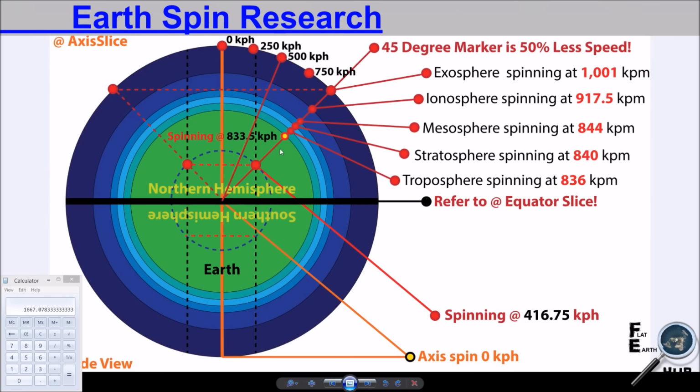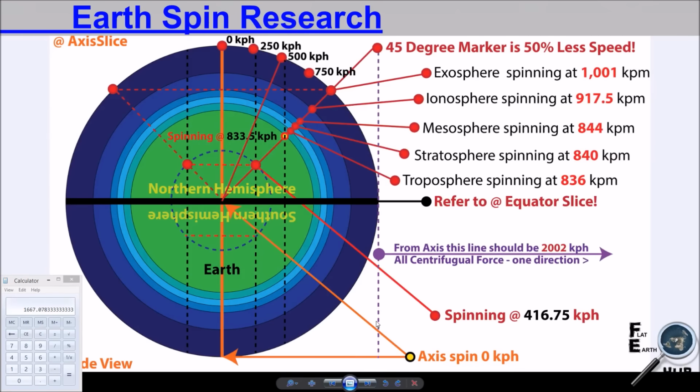So when we look at this further, let's put in some more marks here. Now I put this purple dotted line at the end to show, from the axis to here, we calculated that at 2002 on the previous slice. That was the top view to show how fast this outer layer must be going to keep up with the surface layer.